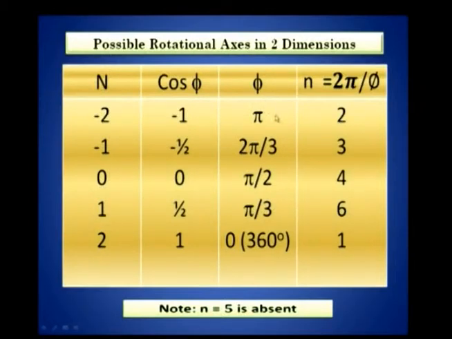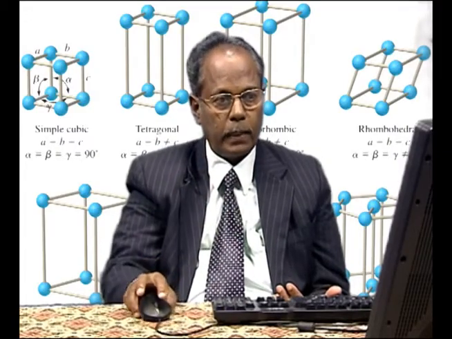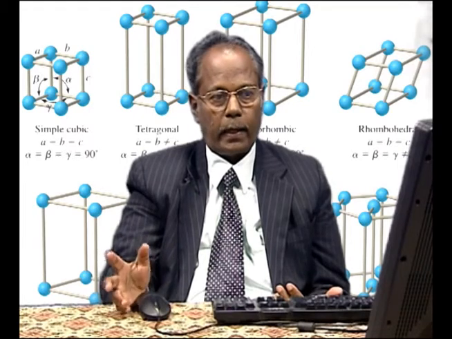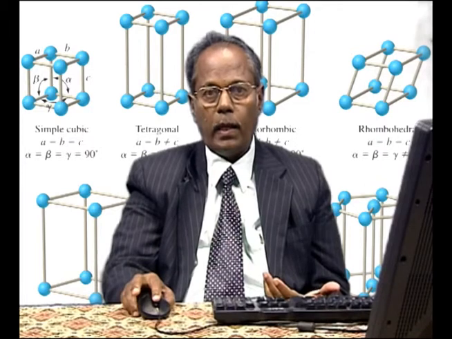So, in 2 dimensions the possible shapes: 2 refers to 180 degree rotation. When do you have 180 degree rotation? This table will have 180 degree rotation, it is a rectangle. 3 refers to an equilateral triangle, 4 refers to a square, 6 refers to what? A hexagon.